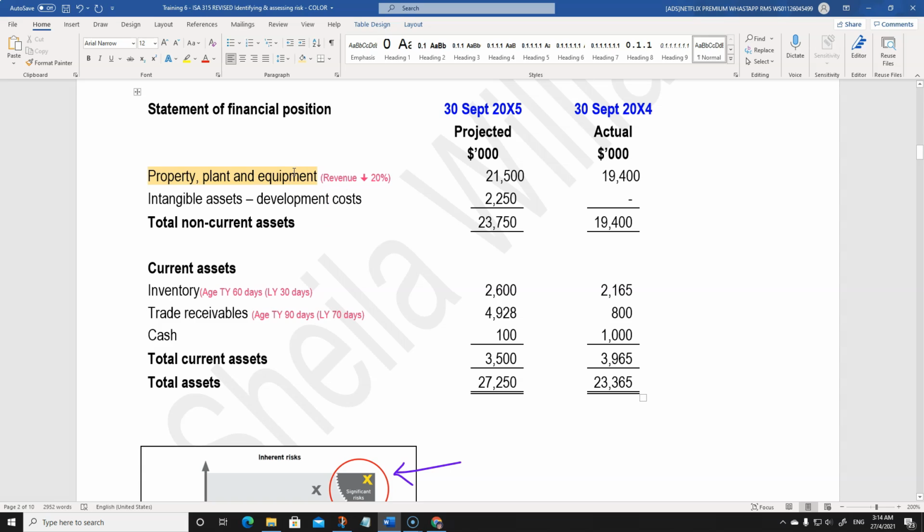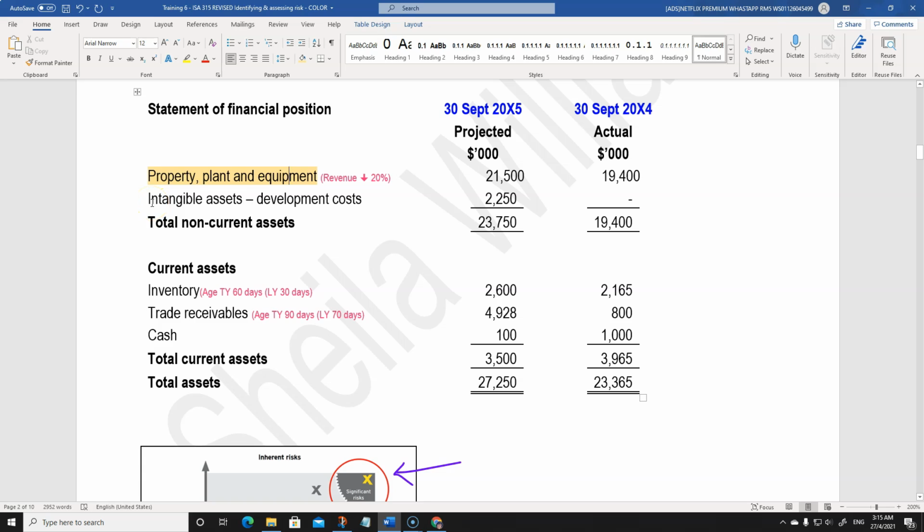Because we're worried about the assertion of valuation, accuracy, valuation, and allocation. Because if revenue has gone down, that means PPE would have to be tested for impairment, wouldn't it? All right. So impairment means you're going to bring the value down. So the assertion that is at risk here would be valuation. Accuracy, valuation, and allocation.